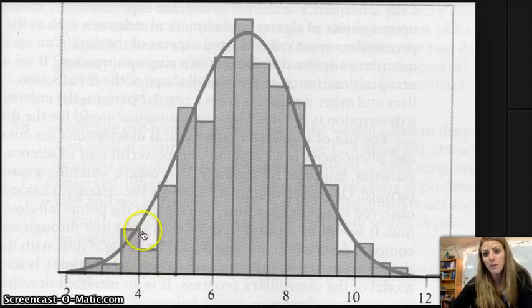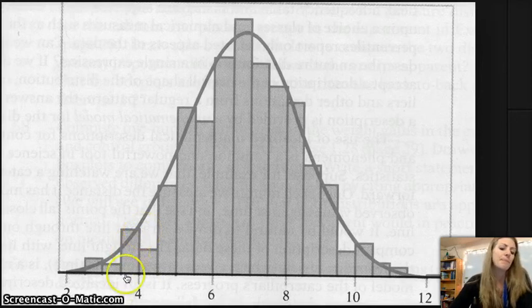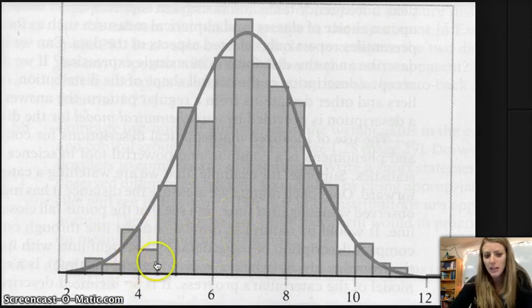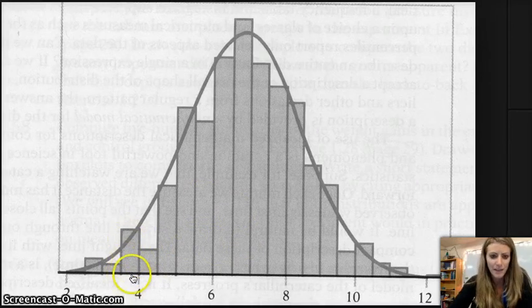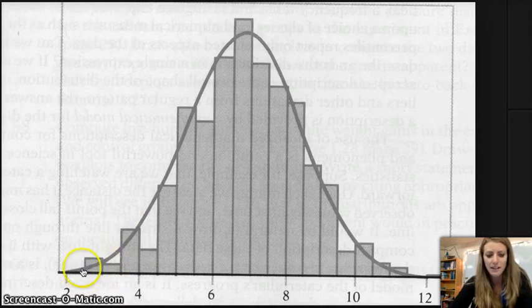If I wanted to know what number of people in the study have 4 pets or less, then I would add up this column and this column and this column and this column on the histogram to try to figure it out.